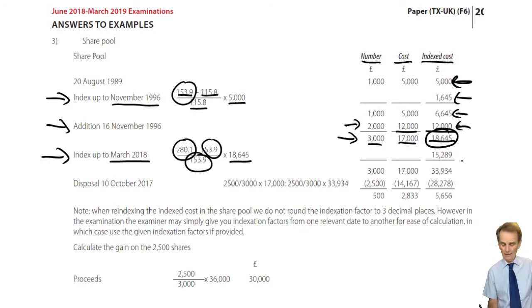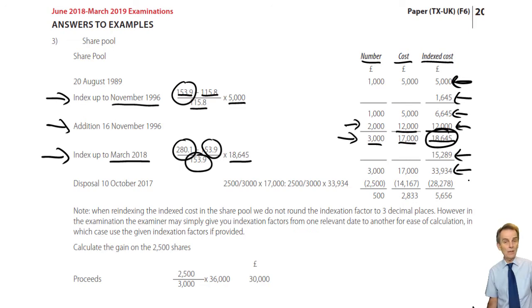All being well, if our maths are correct, that comes to 15,289. Add it in to your index cost column, it's there: 33,934. 3,000 shares costing £17,000 and at the date of disposal with an index cost of 33,934.